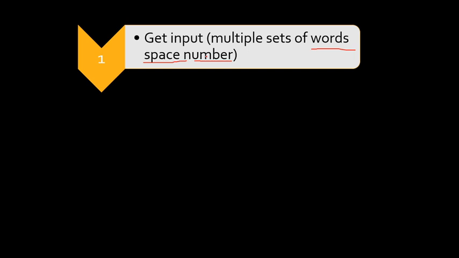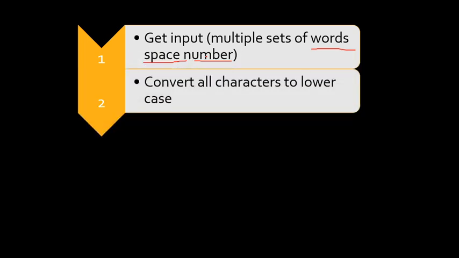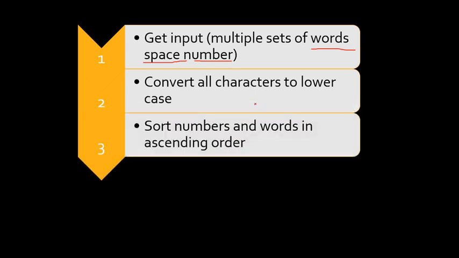So don't directly start with the sorting procedure. First, ensure that everything is in lowercase. So next step will be convert all characters to lowercase. Yes. If it is in uppercase, convert it to lowercase. Third point, after converting it to lowercase, now you can start sorting them. If everything is in lowercase, sort the words and numbers, right?